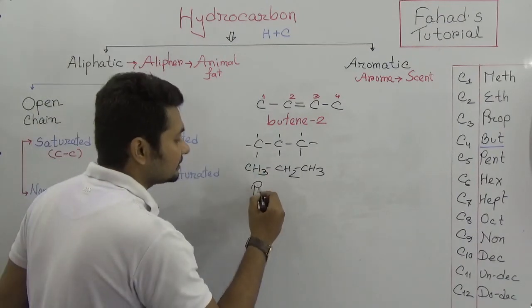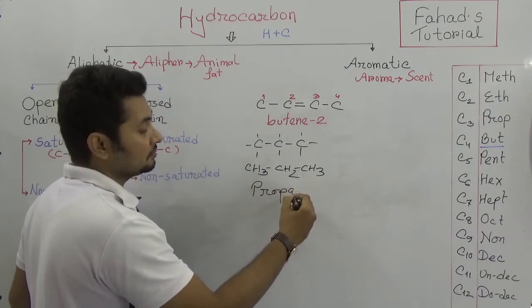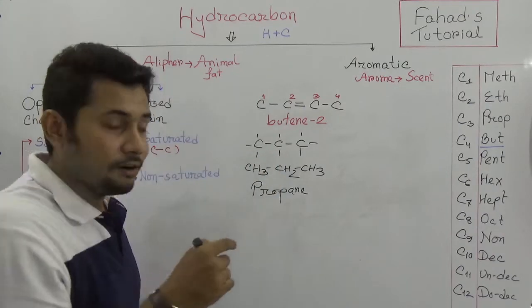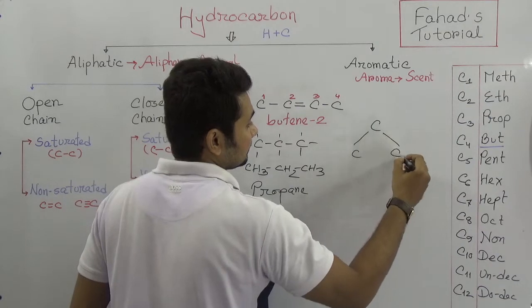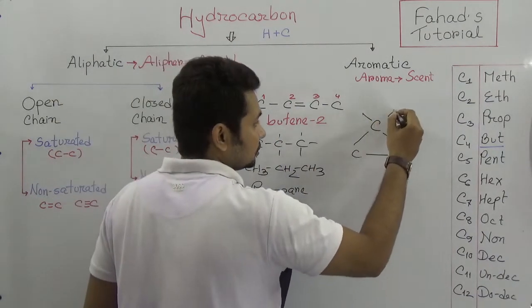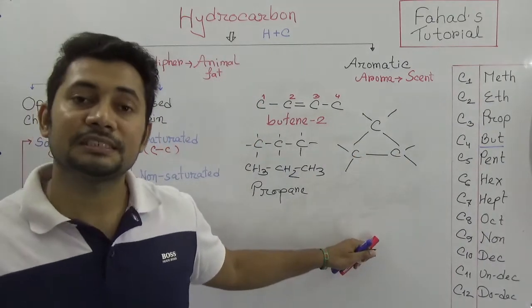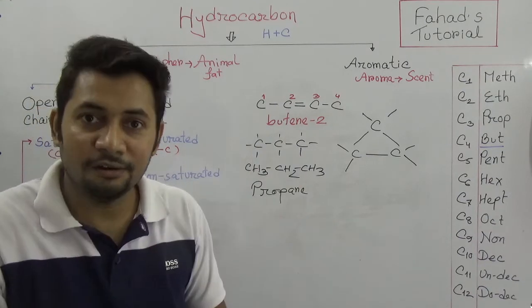We say this is pro, because the number of carbon is 3, it should be propane. And if it happens in a cyclic way, like this, then it creates a cyclic order, and then CH2, CH2 and CH2. The name of this compound is cyclopropane, because it is in a cyclic order.